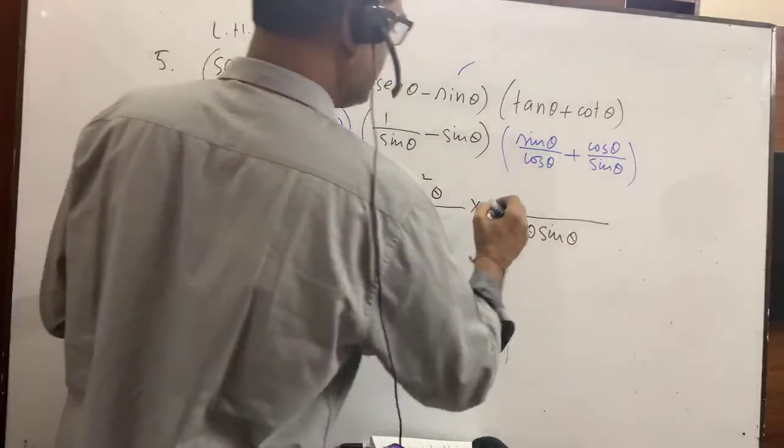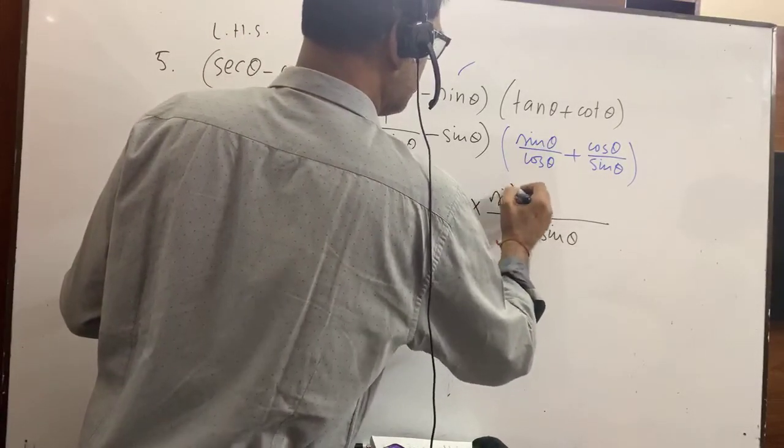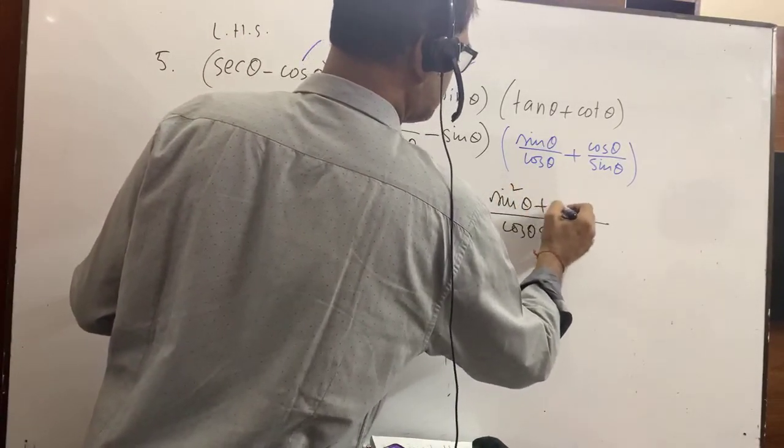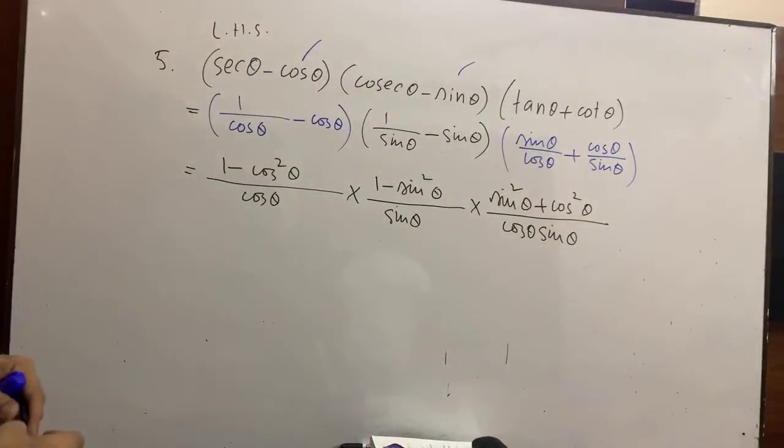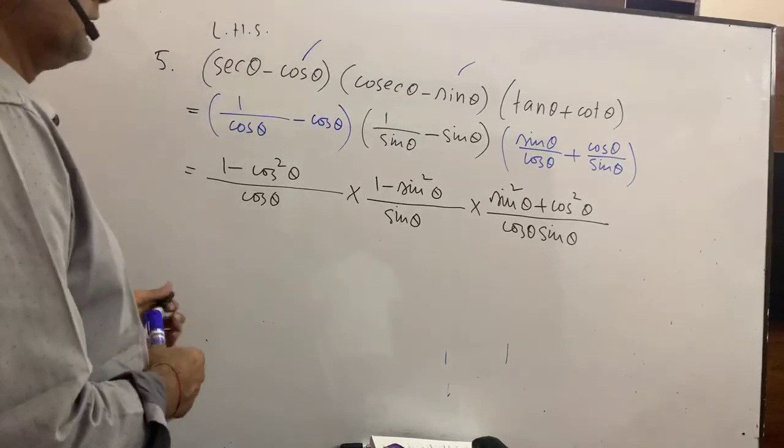Then we are getting here sin square theta plus cos square theta. Is it? Now we have to use the formula.